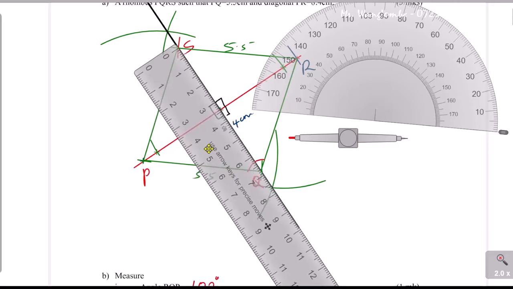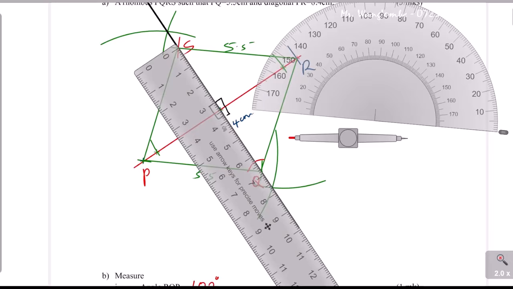So SQ is that line. So this line is 6.5678. That's around 6.8. Around 6.8. That is what I'm getting.